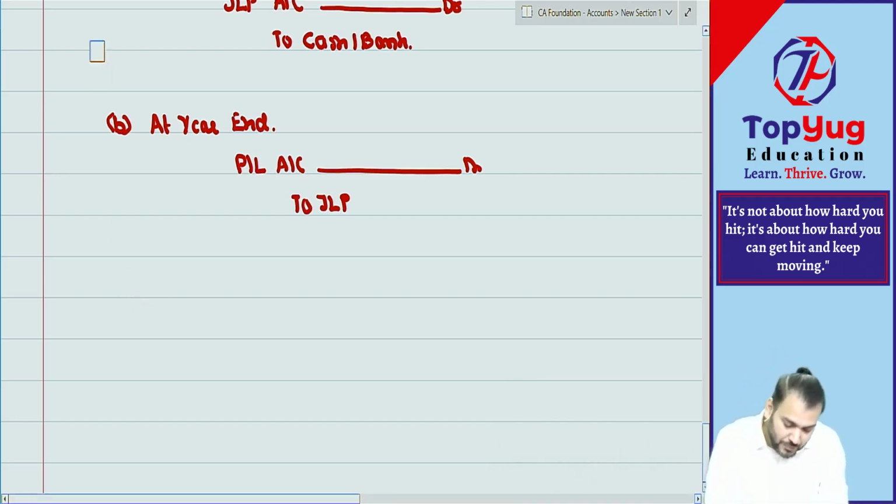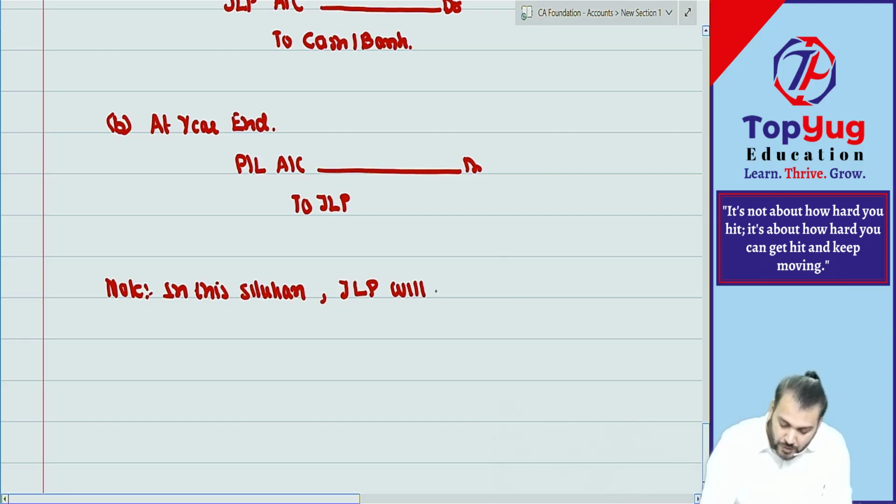Write down. In this situation, JLP will not be maintained in the balance sheet.